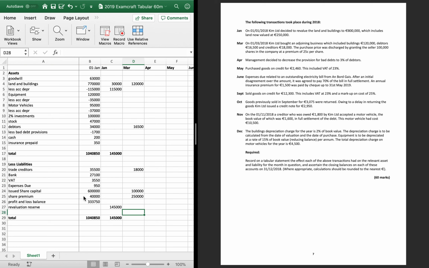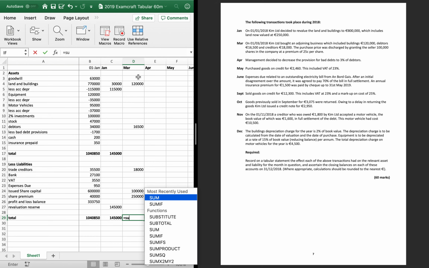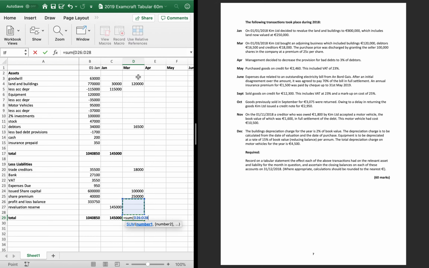Now the easy way to do that, well, one of the ways to do it is to do what I just did there. So value the business 120 plus 16.5 minus 18, 118,500. Compare that to the 125, and that's a difference of 6.5, and that would be your goodwill. Or the other way would be add up your liabilities, which is 118.